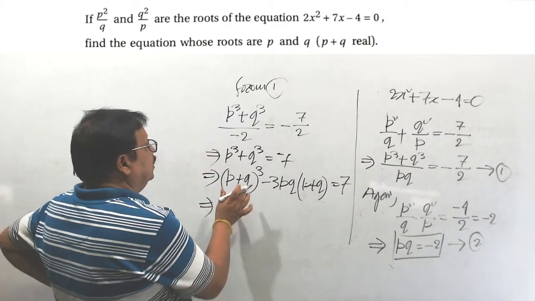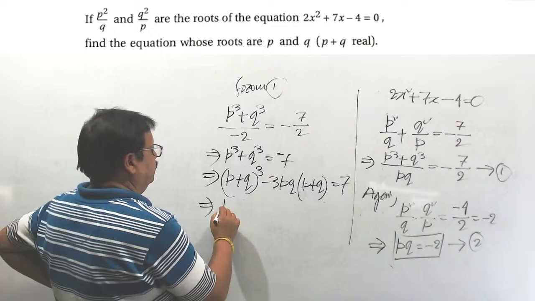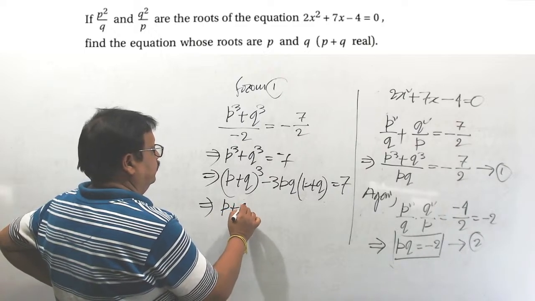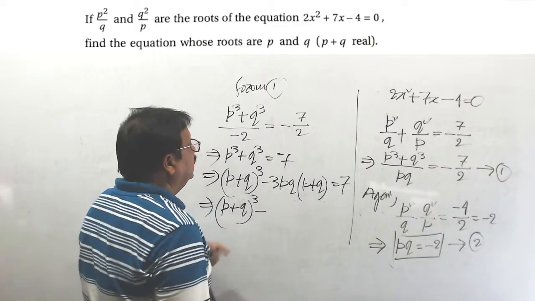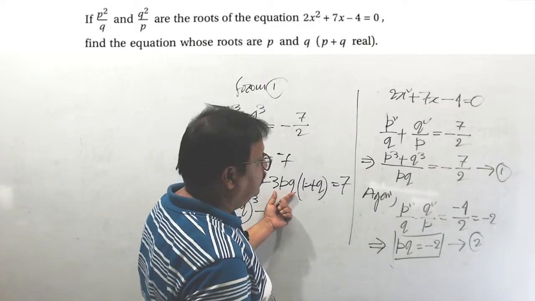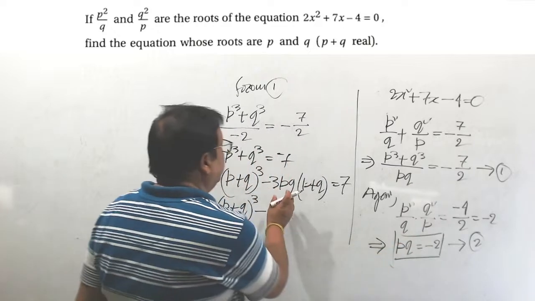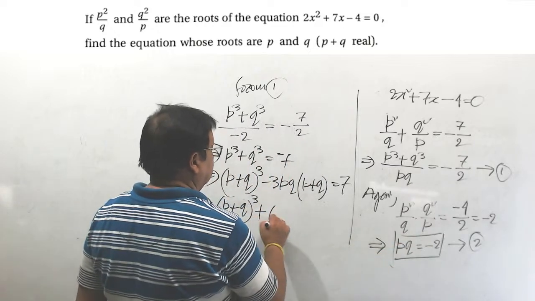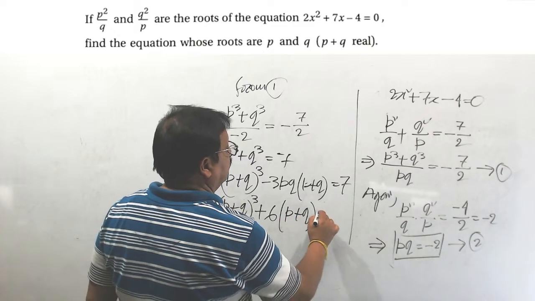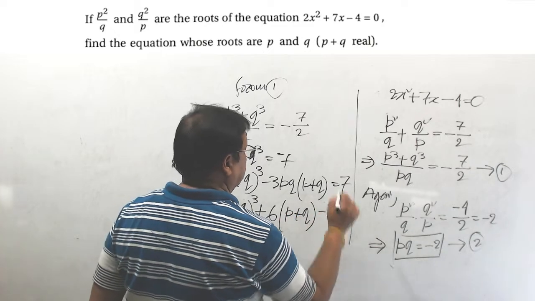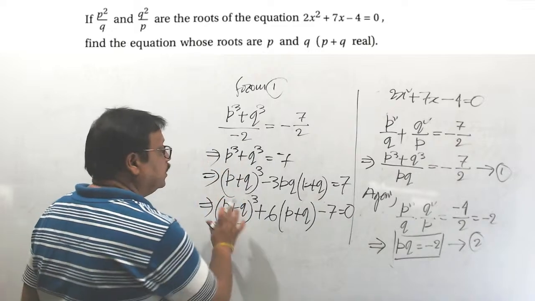This implies (p plus q) whole cube minus 3pq, what is the value of pq? Minus 2. Minus 2 and minus 3, that gives 6. Understood? (p plus q) whole cube plus 6(p plus q) minus 7 equals 0. Understood? This is a cubic equation.